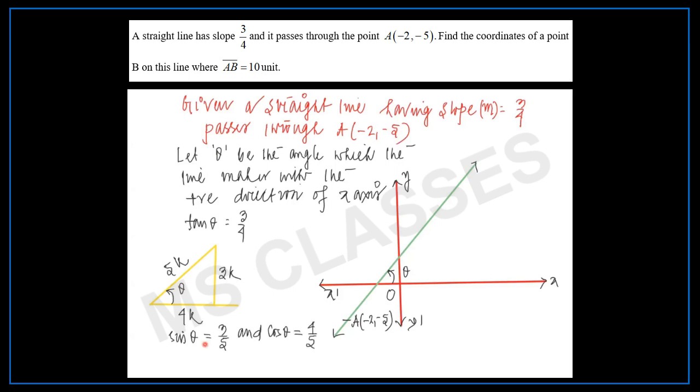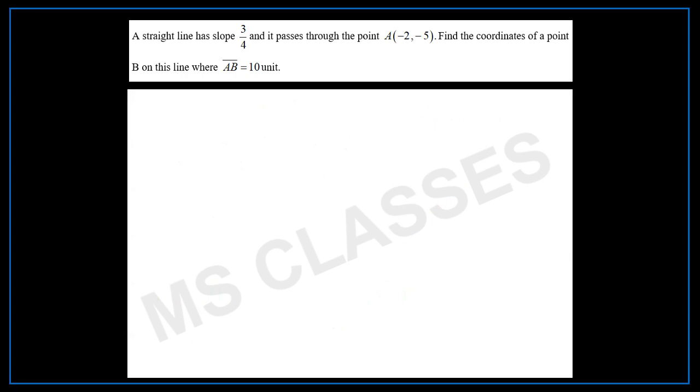Now after this we can find the equation of this line using the point minus 2 and minus 5. So we can write that the equation of the line is x minus x1, here x1 is minus 2, by cos theta, equal to y minus y1, that is minus 5, by sin theta, equal to r.